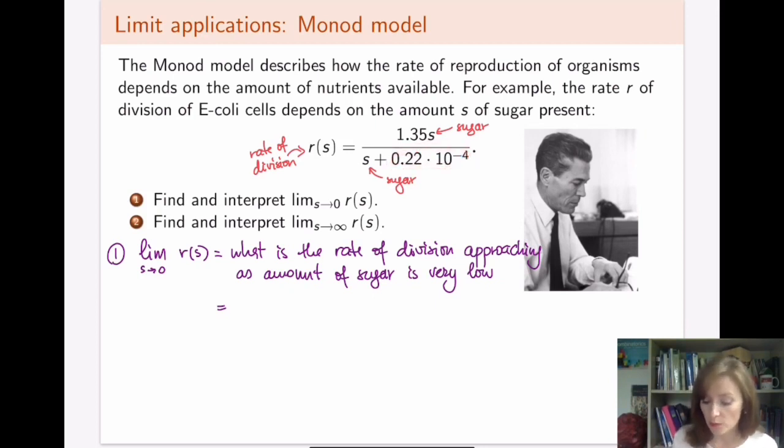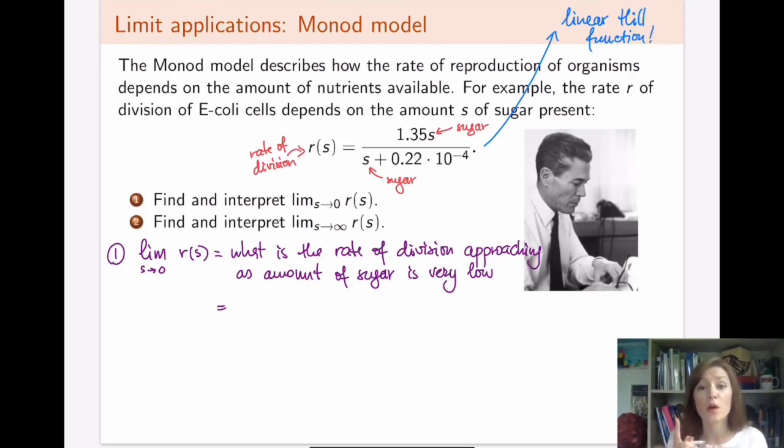So I have 1.35s over s plus some number. So this is nothing other than a linear Hill function. Isn't that amazing? How many applications does one function have? You can change the context, the values, the numbers and the descriptions, but the math will stay the same.